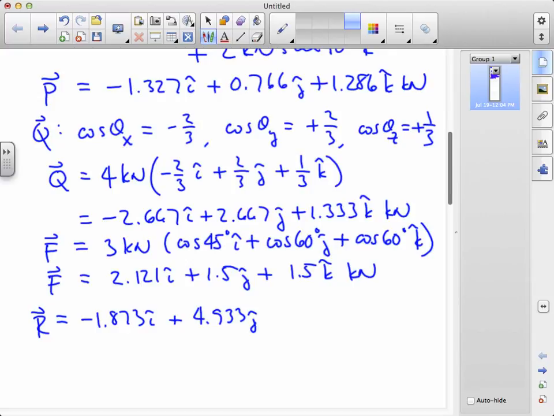And in the k direction, we have plus 1.286 plus 1.333 and plus 1.5, and that gives us a net plus 4.119 k kilonewtons.